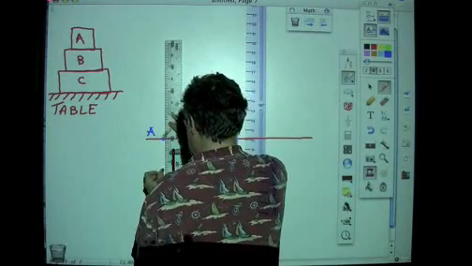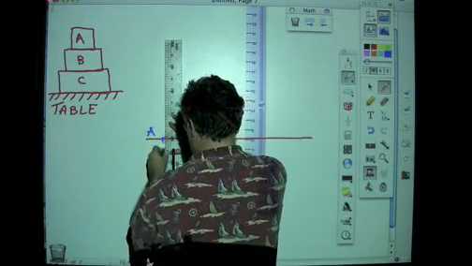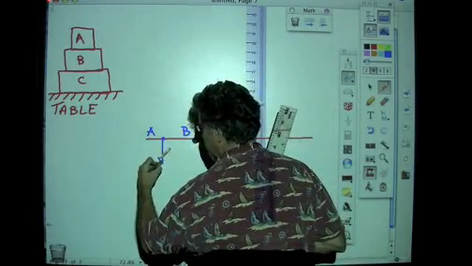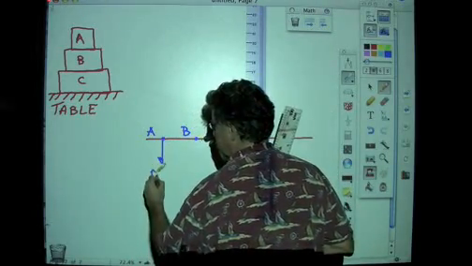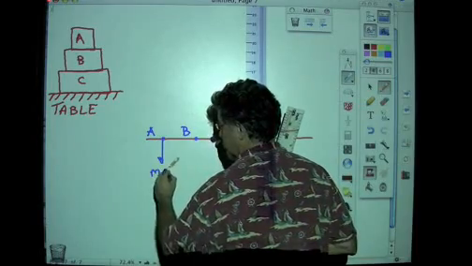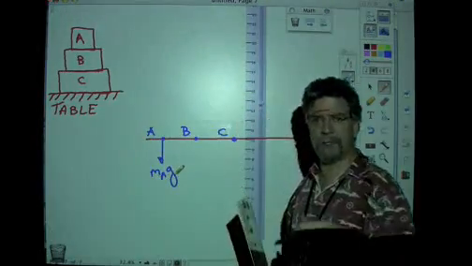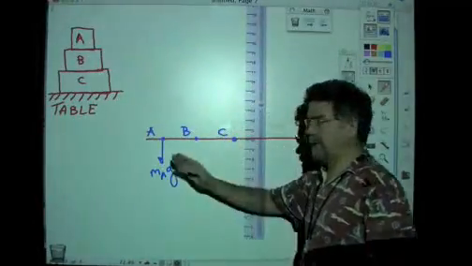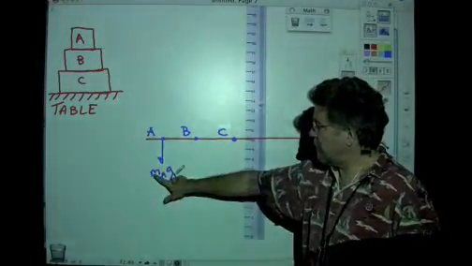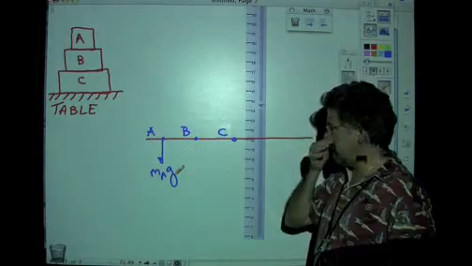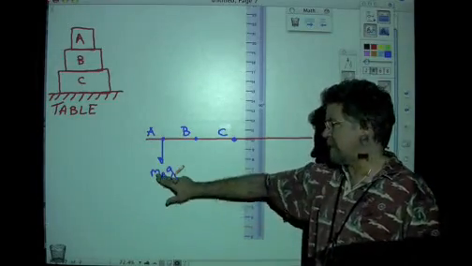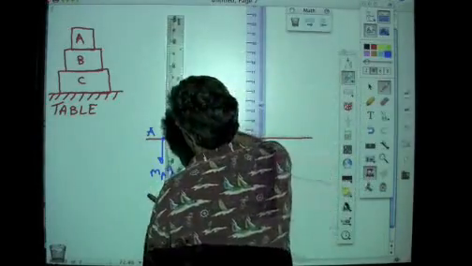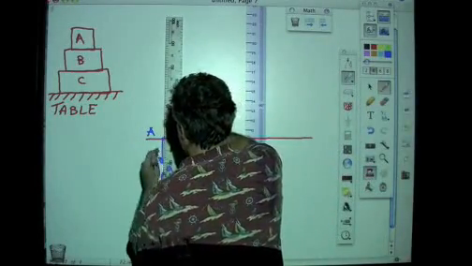Let's go down. All right, not that far, and that's MAG, and I noticed what students are doing is they're just calling it MG, but if you have more than one object involved in a problem, you're going to have to distinguish whenever you do the MAG or MBG or MCG, okay, and it comes after the M, not the G. So there's a normal force on that, and the normal force is going to go straight up.